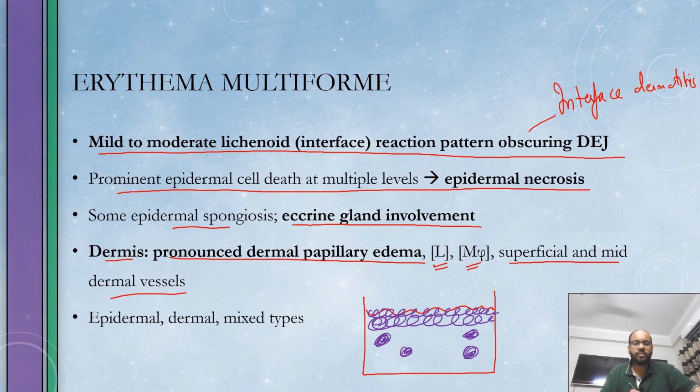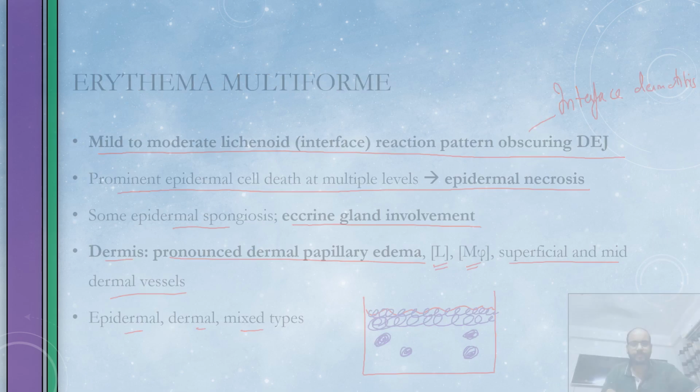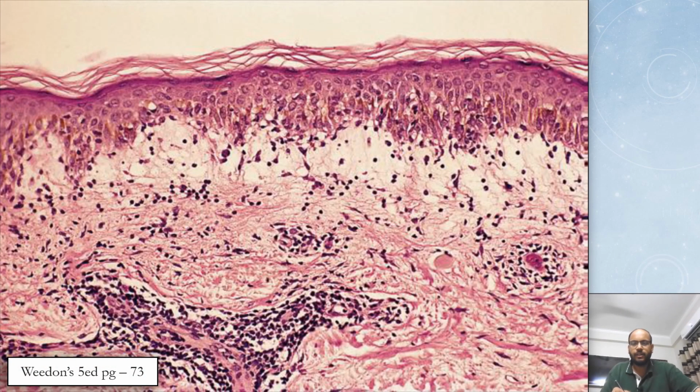Initially, there was a differentiation between epidermal, dermal, and mixed types based on the level of infiltrate in various types of erythema multiforme, but now this differentiation is not used. So look at this. Can you easily appreciate the perivascular location? Okay. See here, around the vessel.